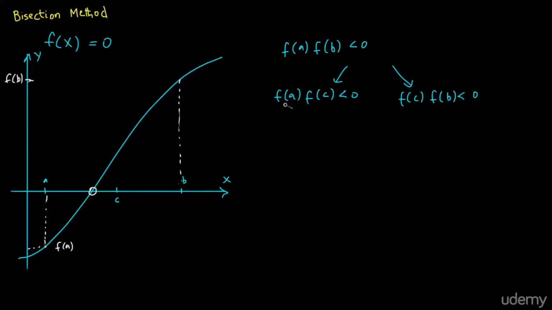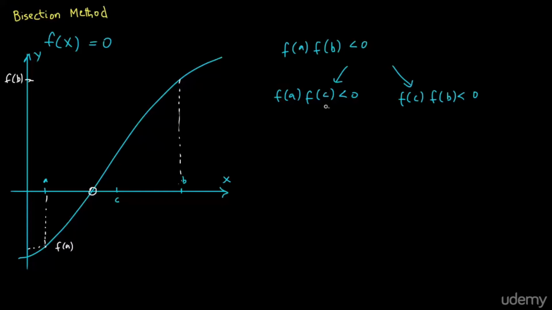So if f of a and f of c, if their product is less than 0, that means that the solution is between a and c. If the product of f of c and f of b is less than 0, then we know that the solution is somewhere between c and b, once again leveraging Bolzano's theorem.